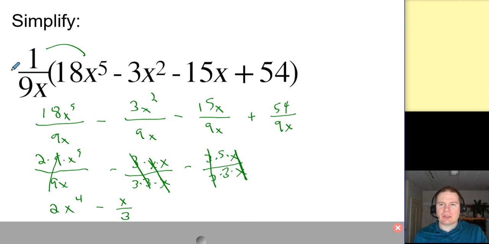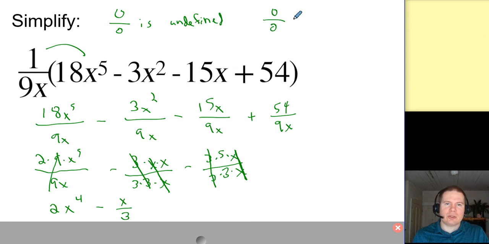Now, I should have a disclaimer here that x is not equal to 0. Right? I don't know the value of x, but if x is 0, 0 times 9 is 0. I'm dividing all of these things by 0. No, even 0 over 0 is undefined. Right? 0 over 0 does not equal 1.